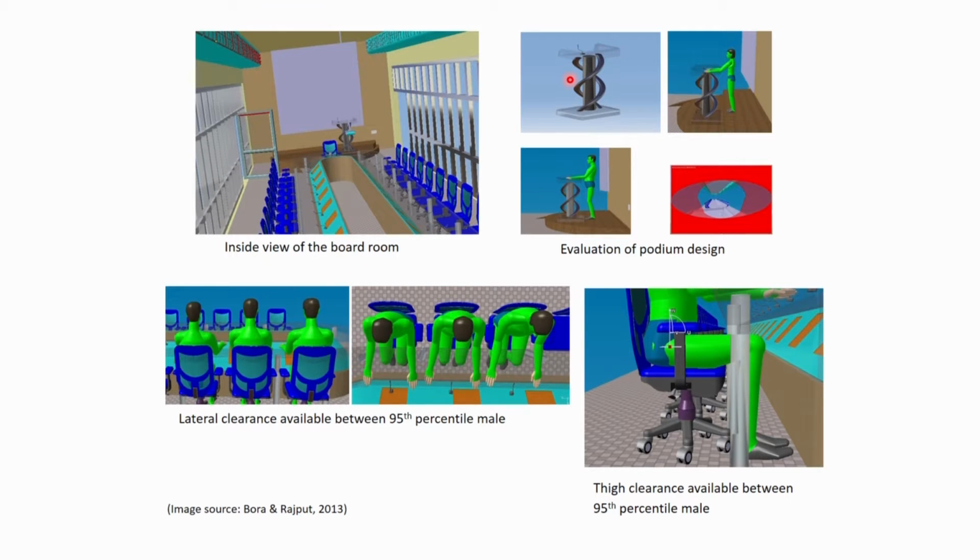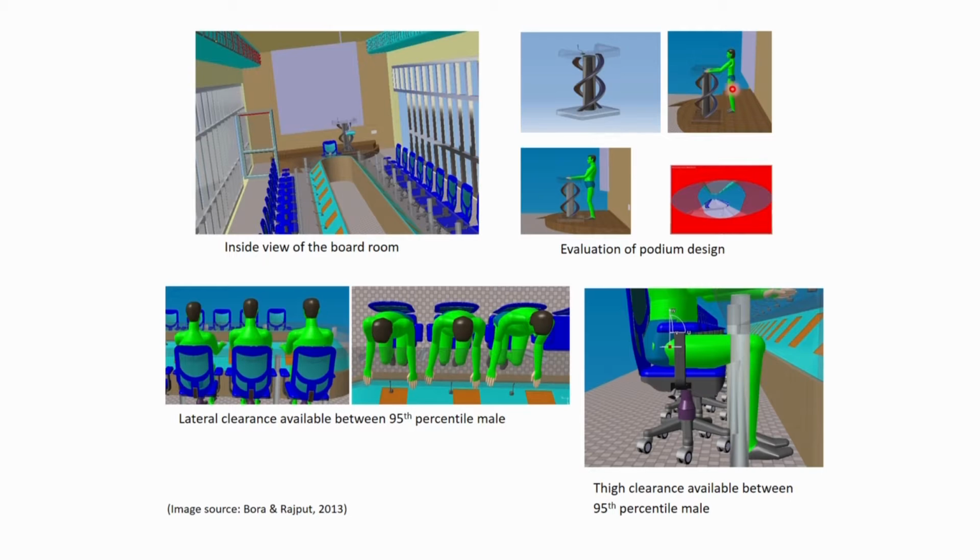Individual components of the boardroom are designed as appears here: the main table, the speakers, chairs, podium stand, then dais. CAD models of all these components were developed and evaluated with the human model.